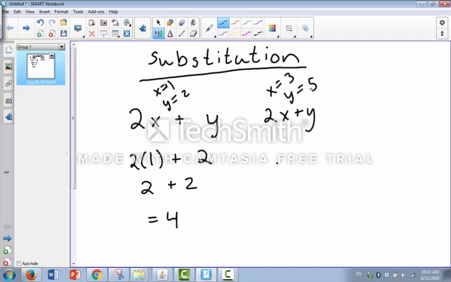So this time, even though it's the same equation, I'm going to get a different answer because I have x equals 3 and y equals 5. 2 times 3 is 6, plus 5 is 11. So that's substitution.